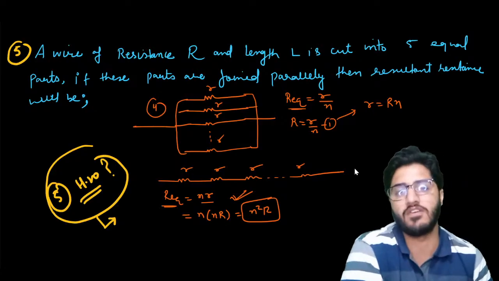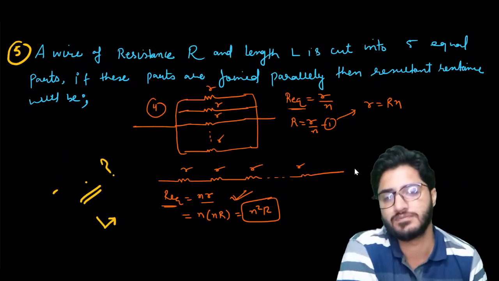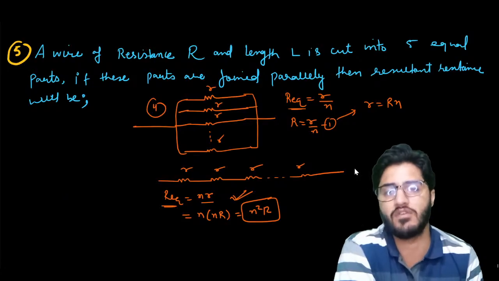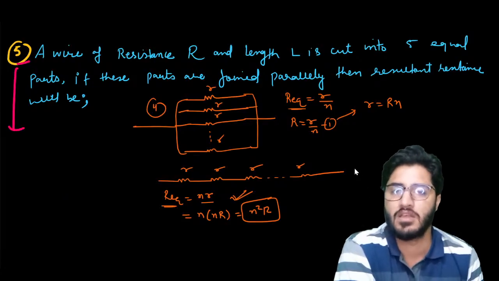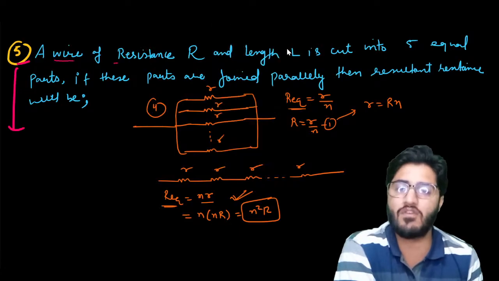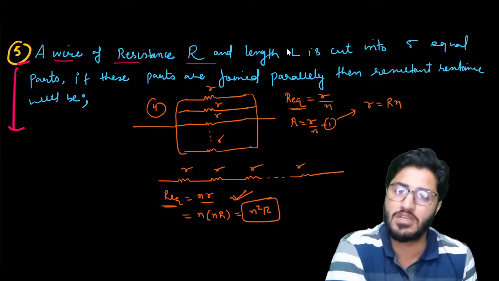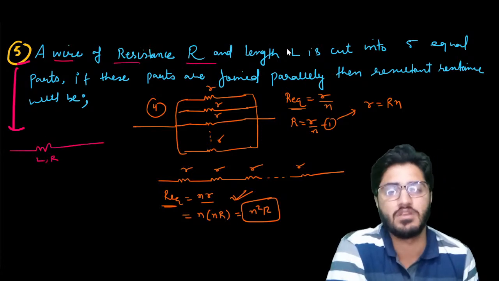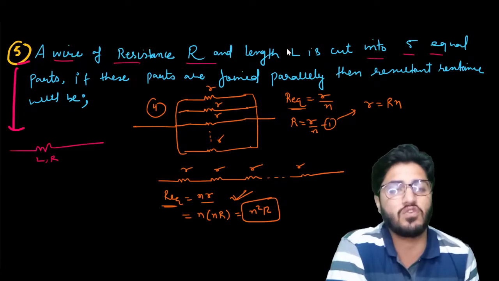Okay, now question number 5. Question number 5 is giving a statement. We have a wire of resistance R, that means a wire with length L and resistance R. We are cutting it into 5 equal parts.